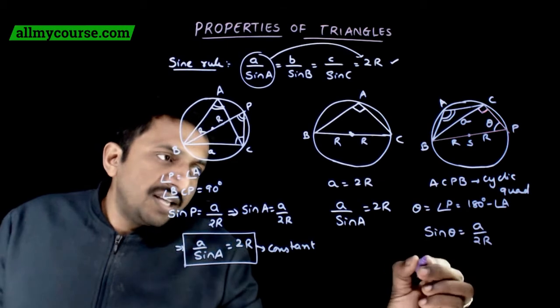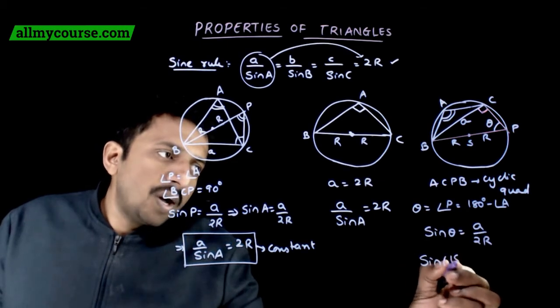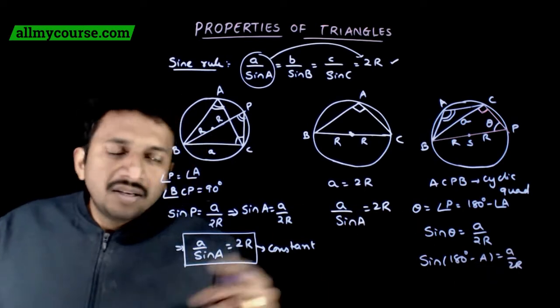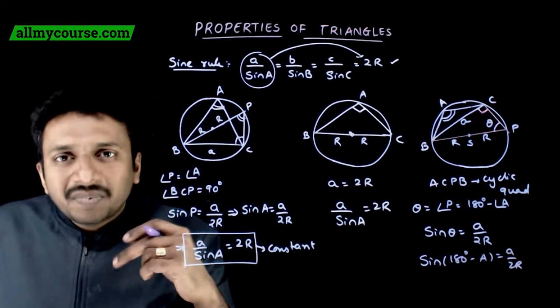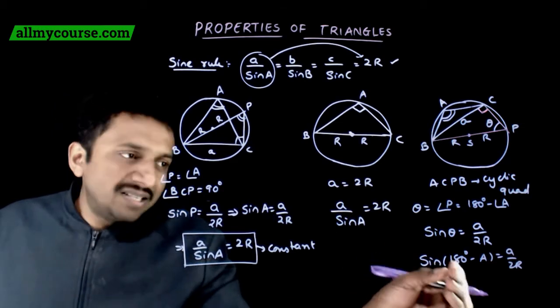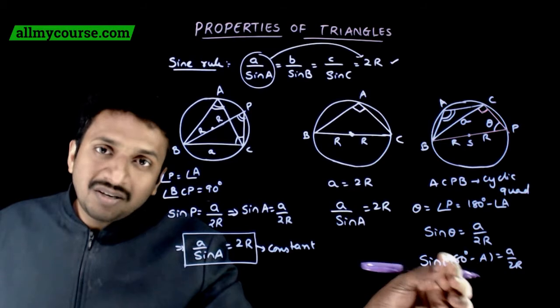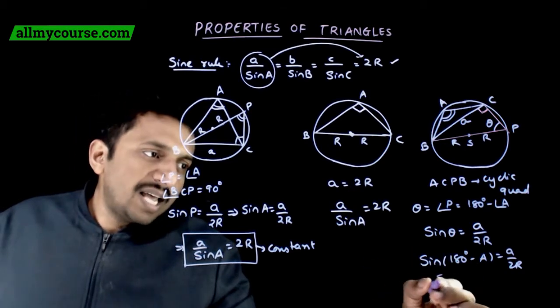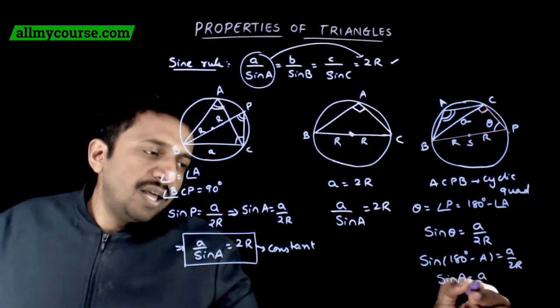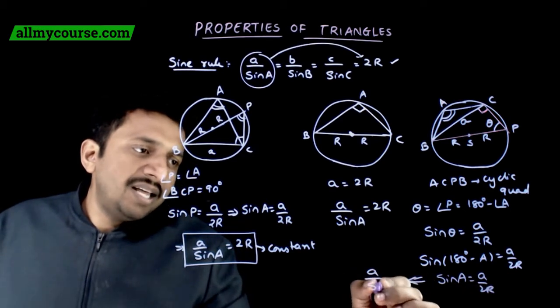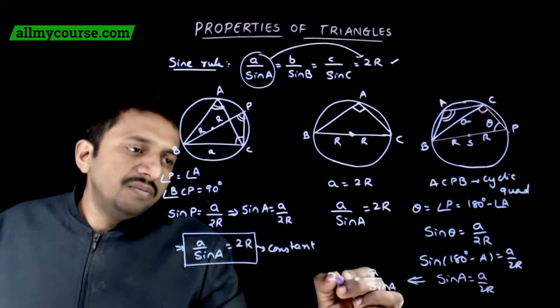Theta is 180 minus A. So sine of 180 degrees minus A is equal to a by 2R. What is sine 180 minus A? It's nothing but sine A itself. This is 2 into 90, it's in the second quadrant and the number is even, so sine remains sine. So sine A is equal to a by 2R. And this implies a by sine A is equal to 2R.